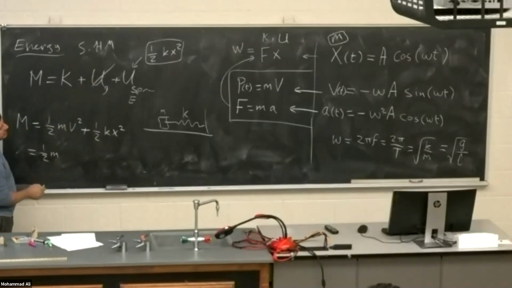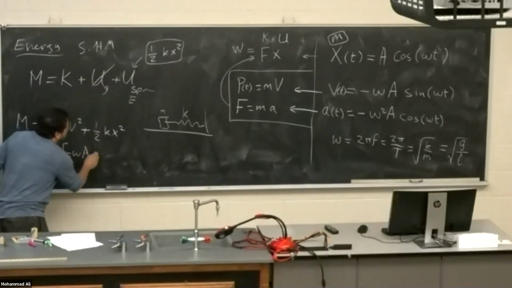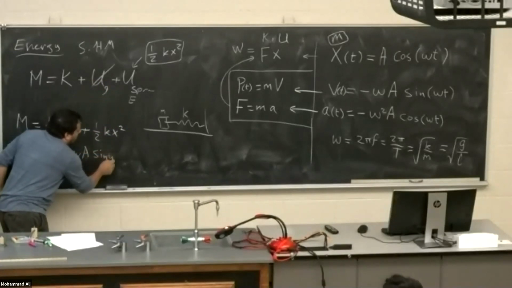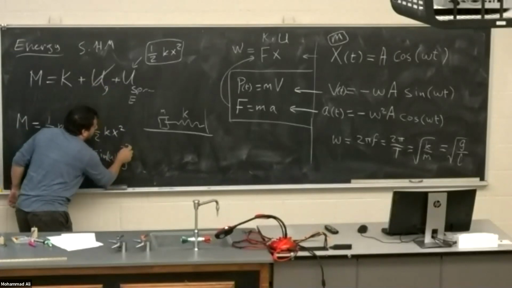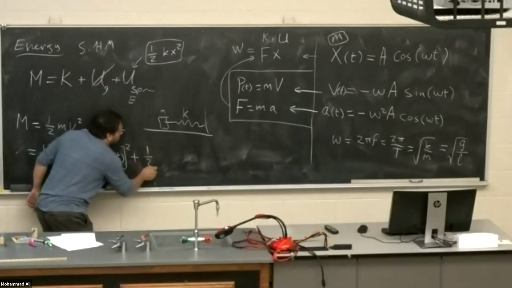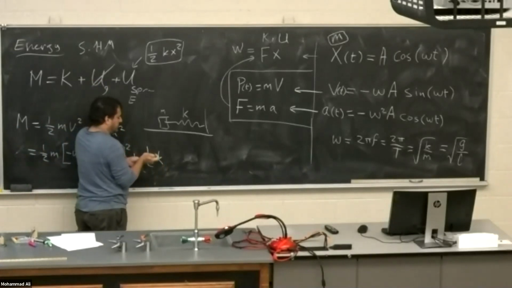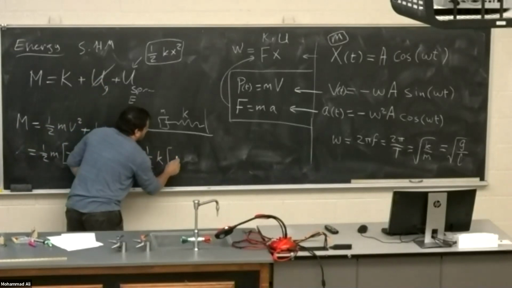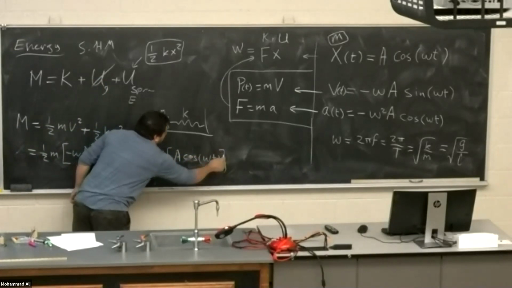The velocity is negative omega A sine omega t without any phi, squared, plus 1/2 k x, that is x, it is A cosine omega t without any phi, squared.